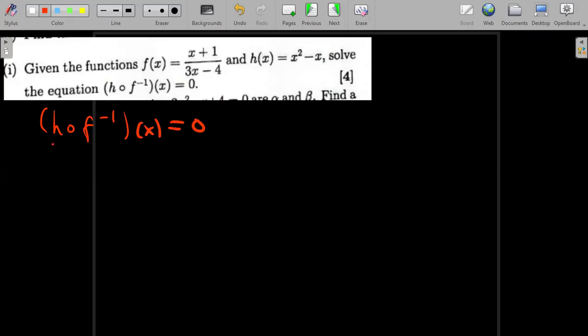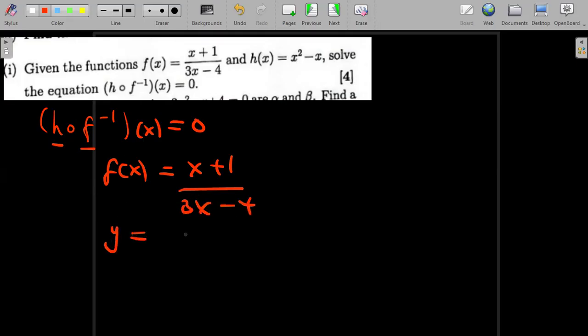We already have our h, but we must find our f inverse. To find f inverse, our f of x is equal to (x plus 1) over (3x minus 4). So we replace f of x with y, and we have y equals (x plus 1) over (3x minus 4).